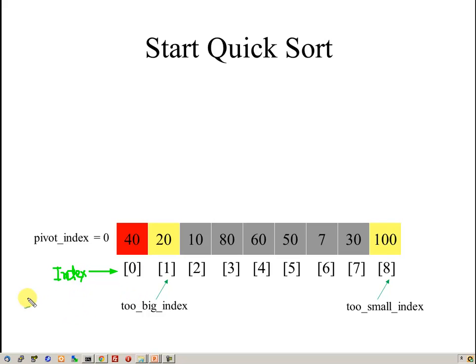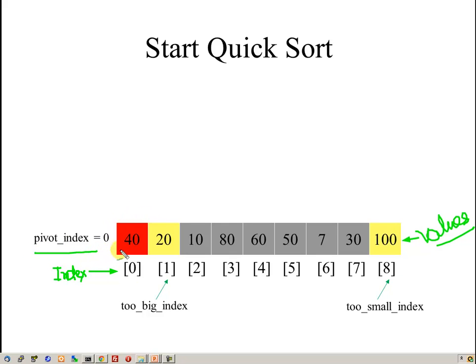So this is the index and these are the values. So these are the indexes, this is a value, and our pivot index is 0.